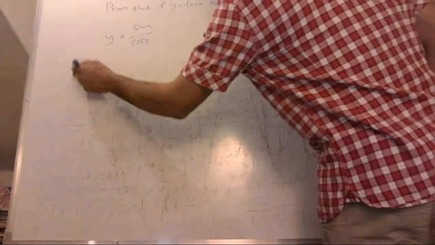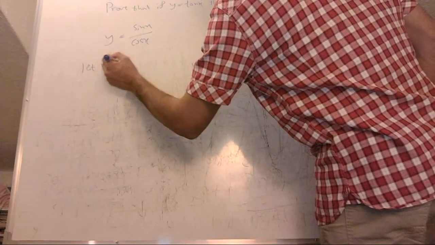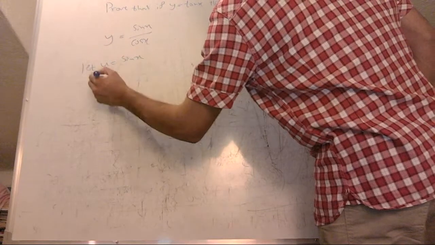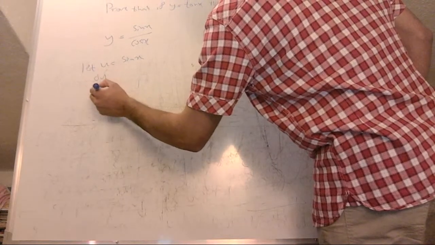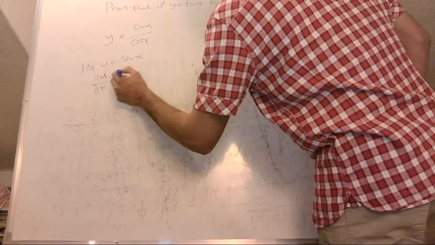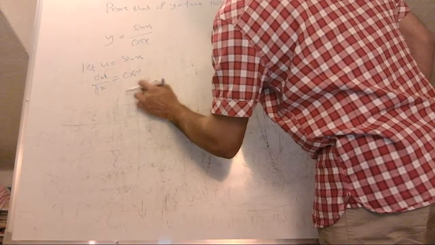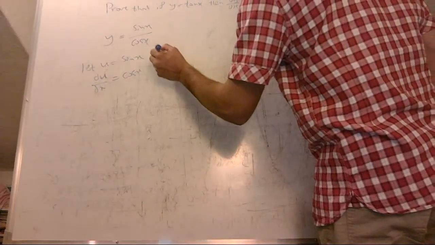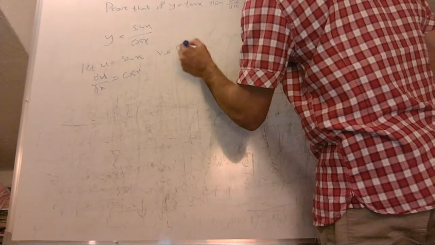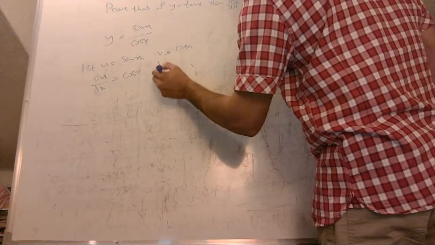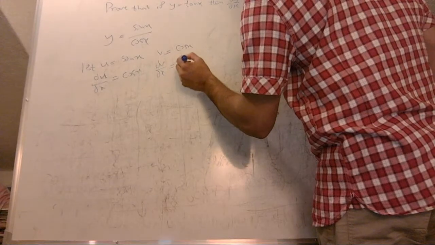Now let u equal sin x, so du dx equals cos x. Now let v equal cos x, so dv dx equals minus sin x.